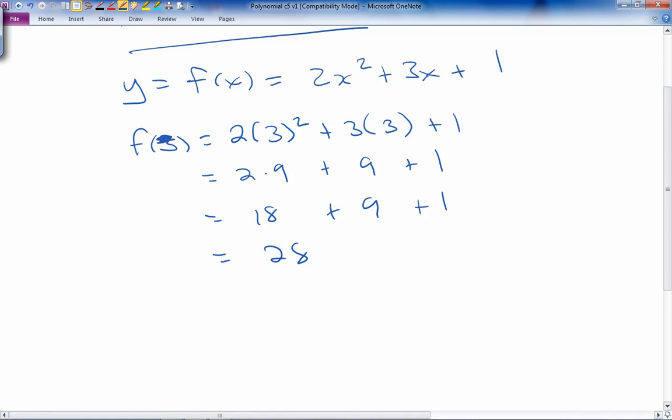For instance, I could replace this with a, I don't know, let's do a 3a. Okay, so now we'll have 9a squared, 9a, and we'll be finished that. Okay, so whatever we find in here replaces the x.